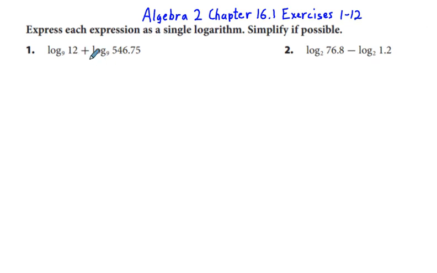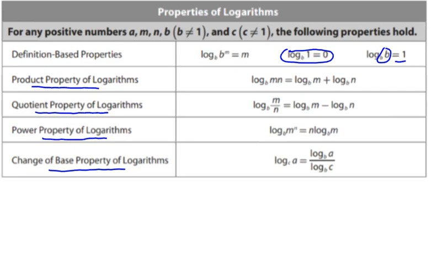Okay, what we have is a sum of two separate logarithms, and each of them has the same base 9. And so we're going to use, first of all, this product property of logarithms. We take this log base 9 of m plus log base 9 of n and create a single logarithm going in this direction.